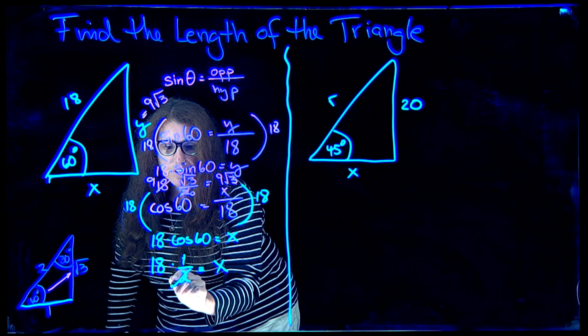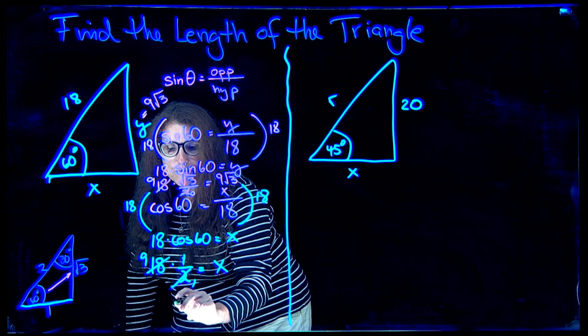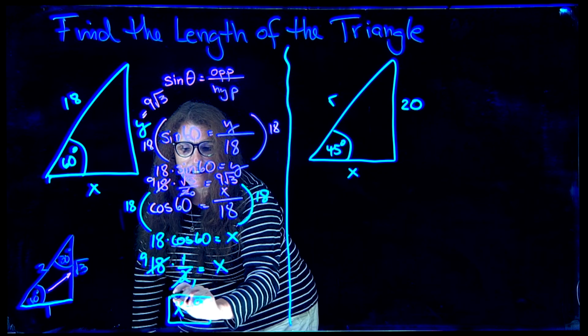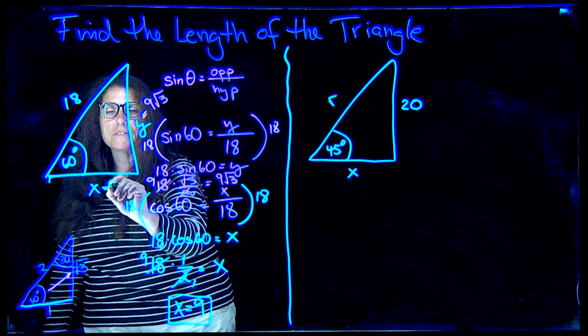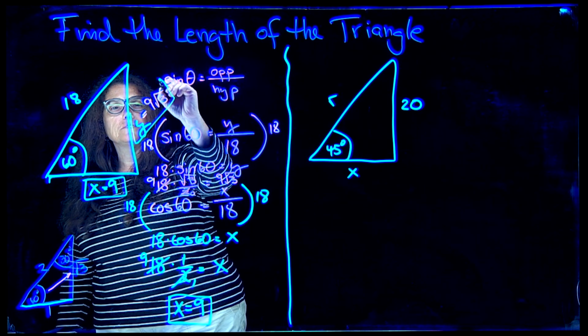Of course, we can reduce. 2 goes into 2 once, into 18 nine times. So x is equal to 9 units, and that is how you find the missing sides on this particular triangle.